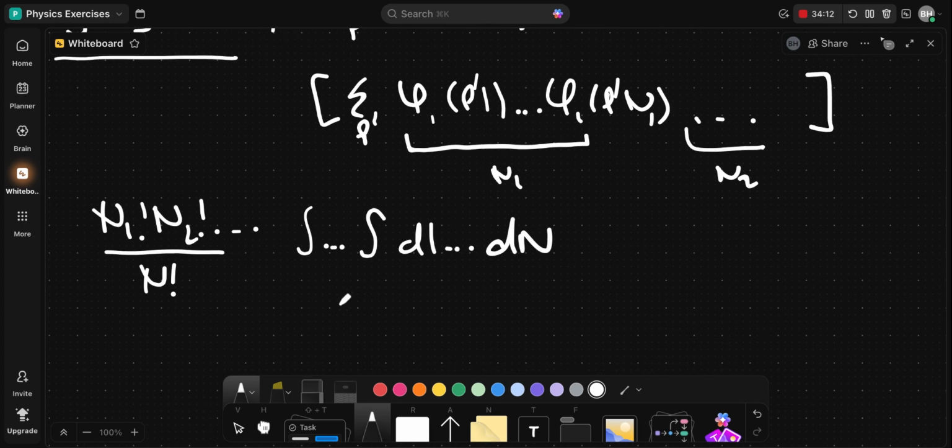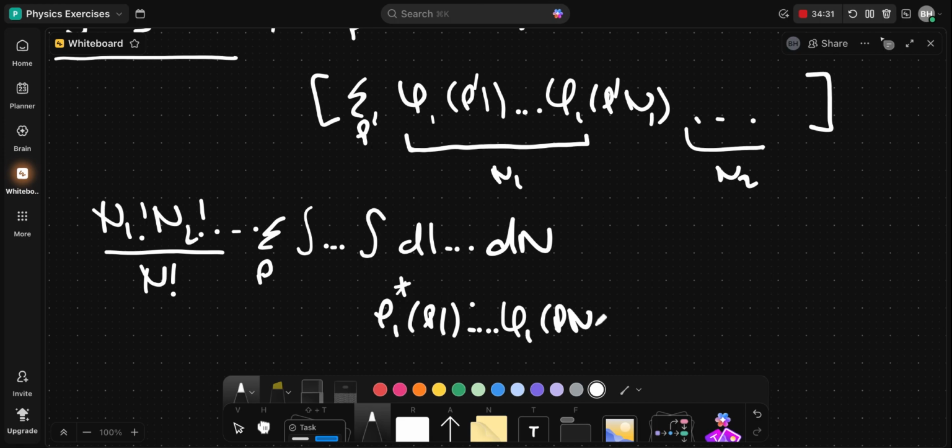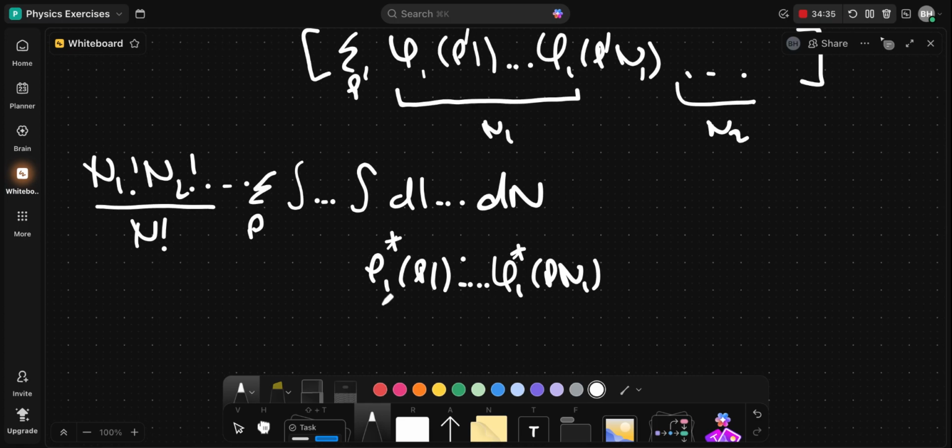So what you're going to have here, you could write the sum out, is phi 1 p1 star through phi 1 p and 1 star, and there are n1 terms like this.